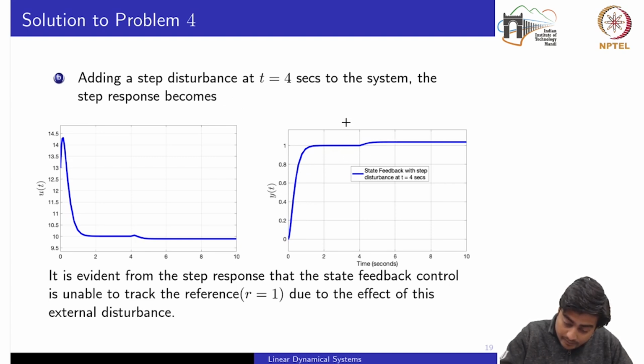So at that time when the disturbance was inserted into the closed loop system, the output was not able to track the reference signal, okay, due to this external disturbance. So disturbance has some predominant effect onto the closed loop system.